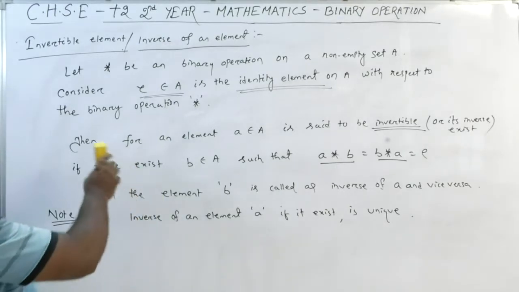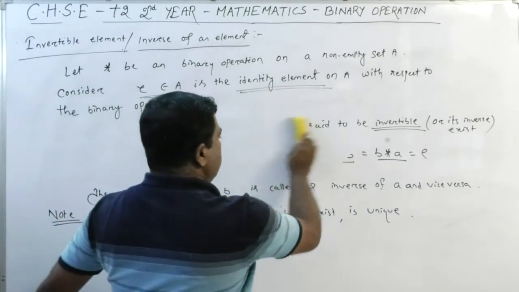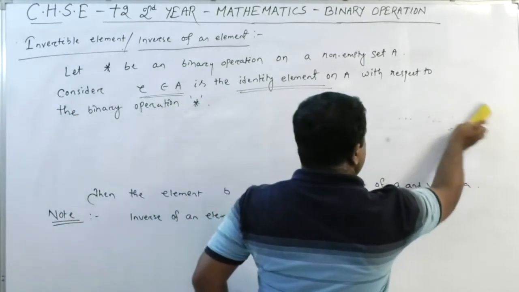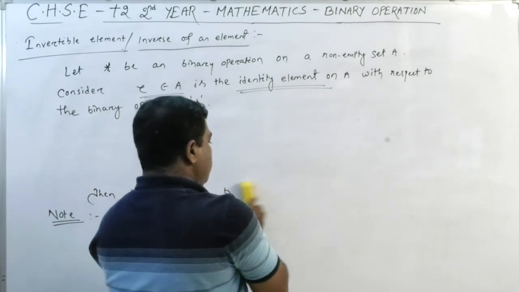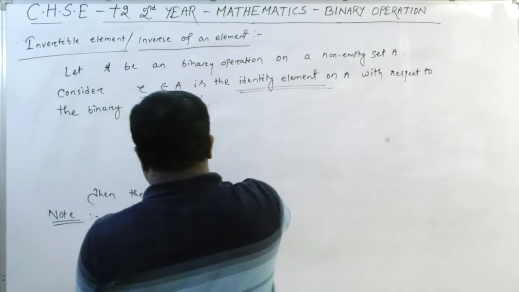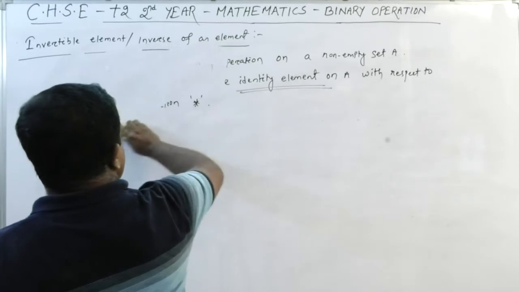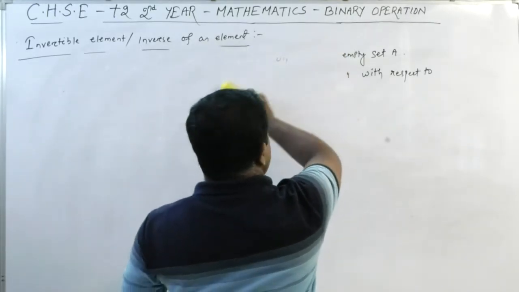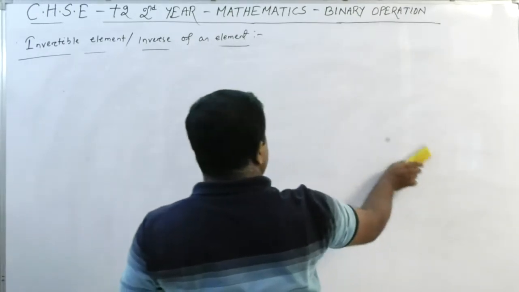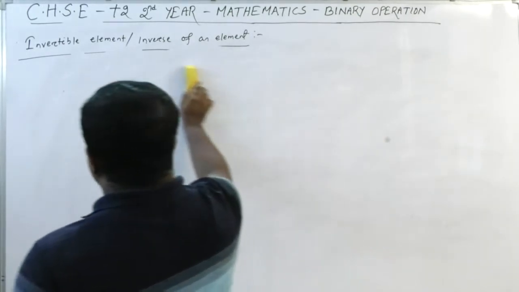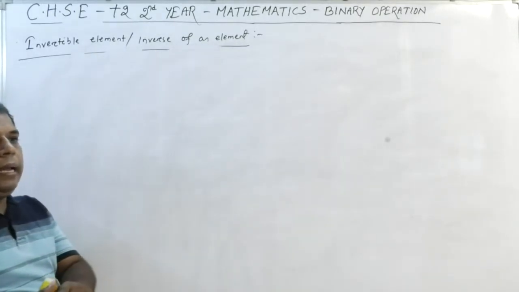Now we will go for an example, the example for an invertible element or inverse of an element.